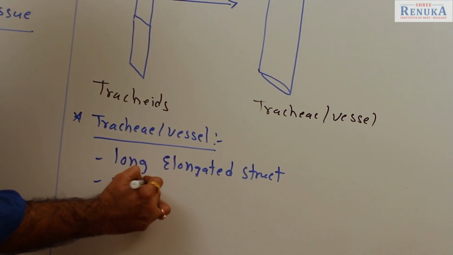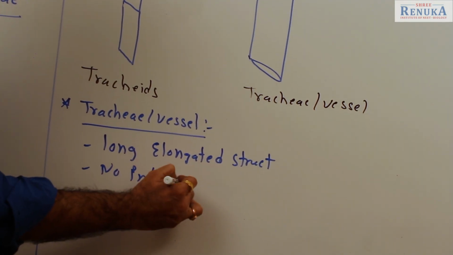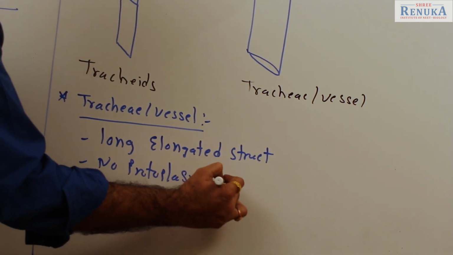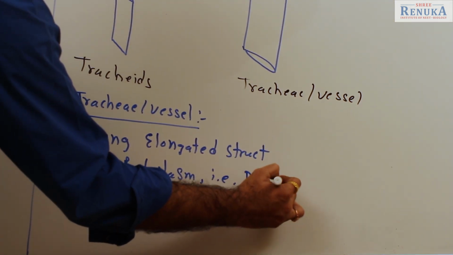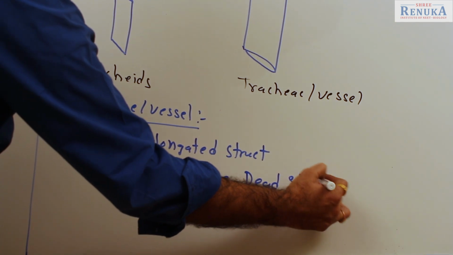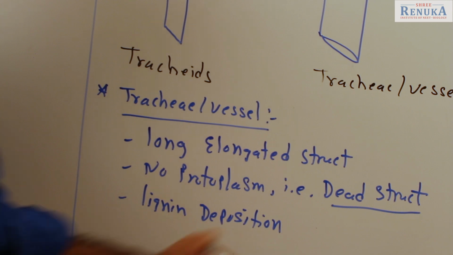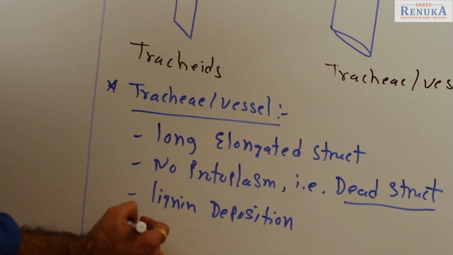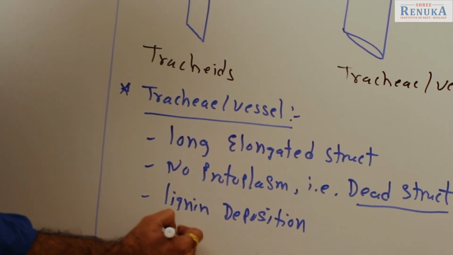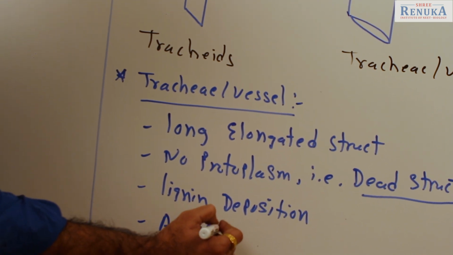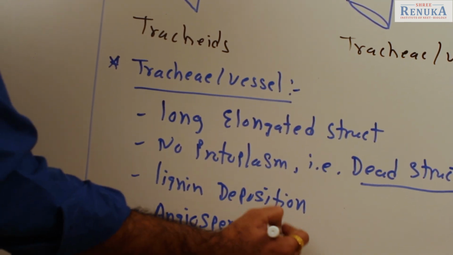There is no protoplasm inside them, and that's why these are dead structures. Lignin deposition is found inside the cells, and this tissue is found only in angiospermic plants.